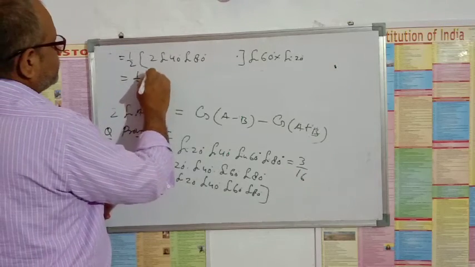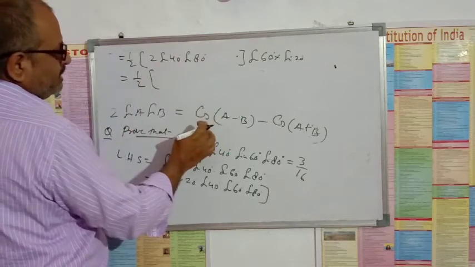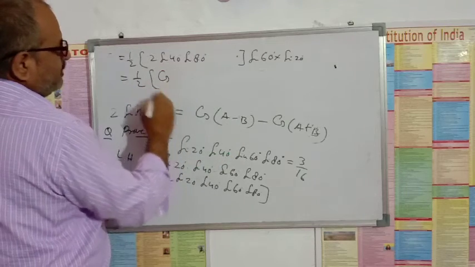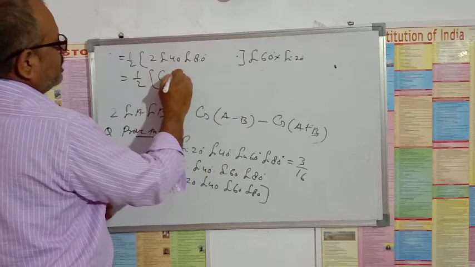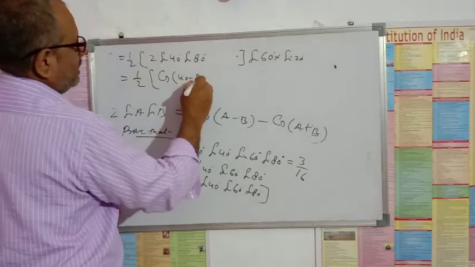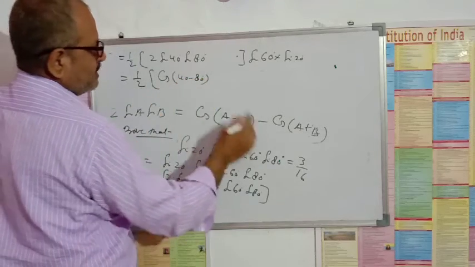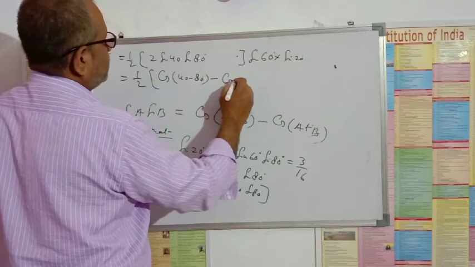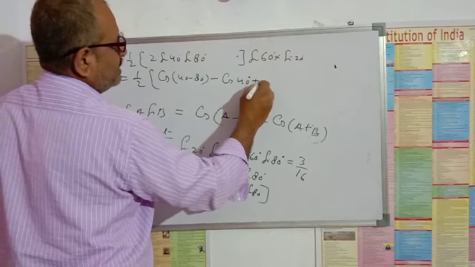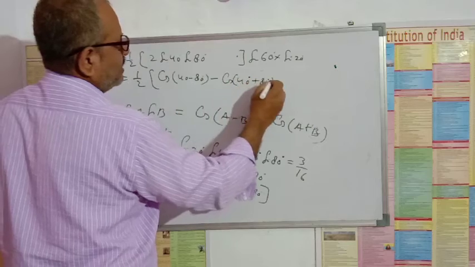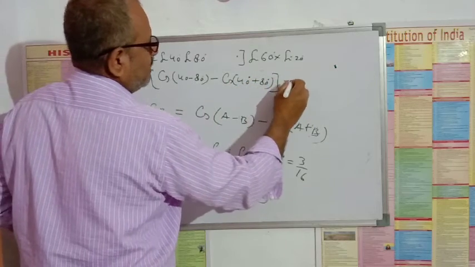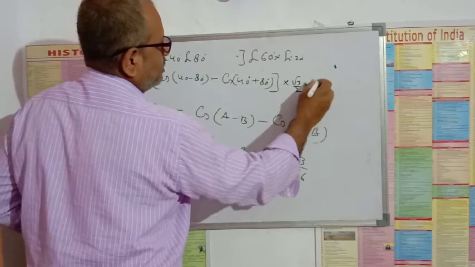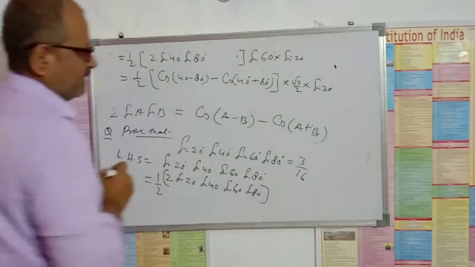So cos(A-B) means cos(40-80), minus cos(A+B), so cos(40+80) degrees. And the value of sin 60 is root 3 by 2, times sin 20.